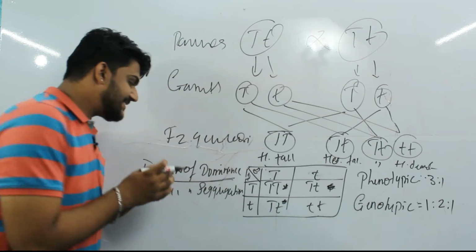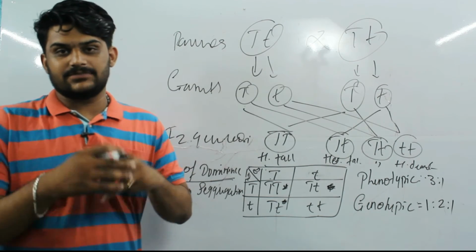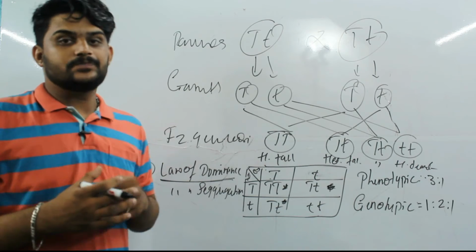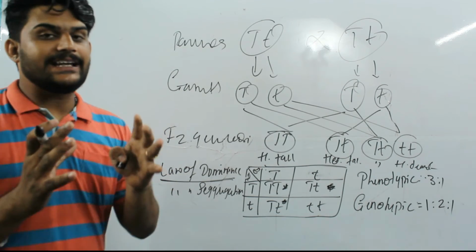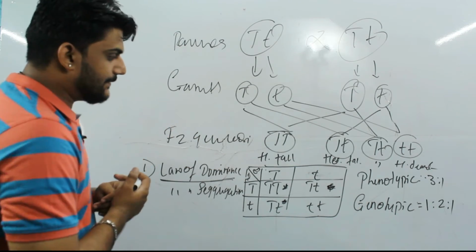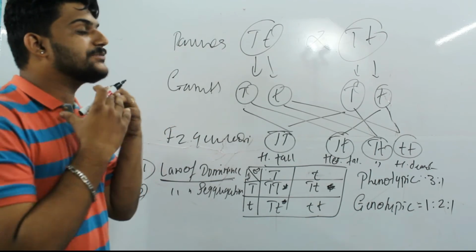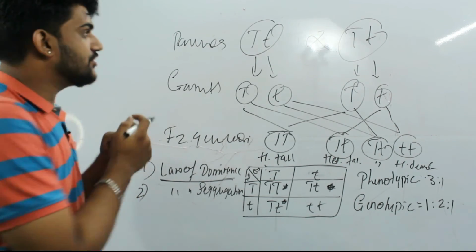The law of dominance states that whenever two different contrasting characters are present in a single individual, only one character is going to be dominant and the other will be recessive. That means the dominant one expresses its character, which we have seen in the F1 generation.